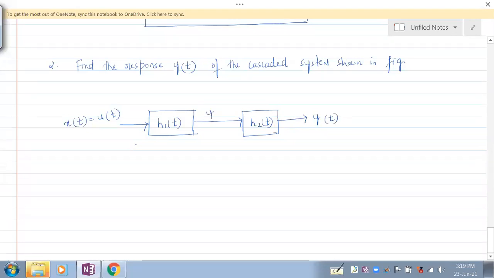Let this be y1 of t, where h1 of t is given by e power minus t u of t. h2 of t is given by e power minus t u of t again. So the same they are given. Both are e power minus t u of t.